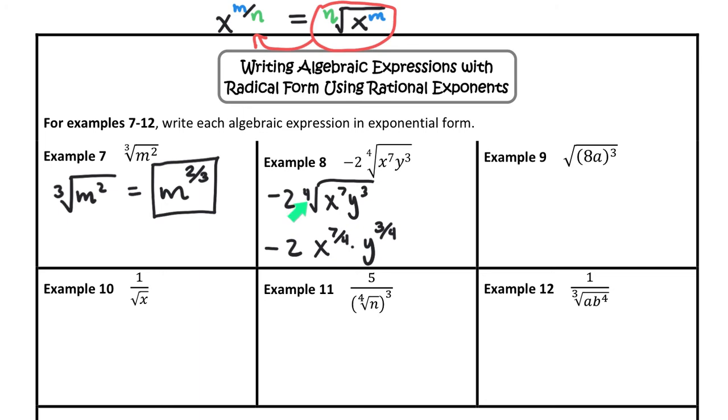So it's 7 divided by 4 and 3 divided by 4. And nothing happened with the negative 2. It just comes down to the next step. And so this is our answer for example 8.